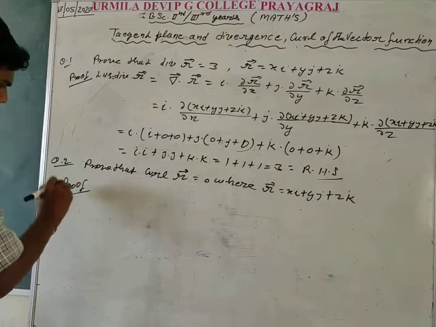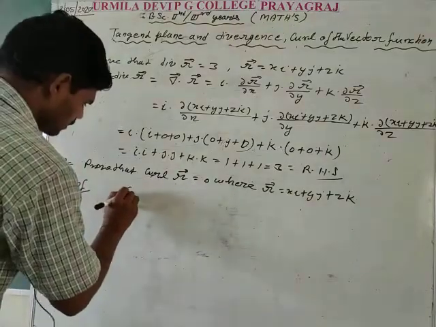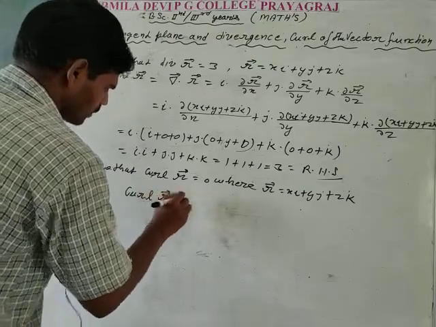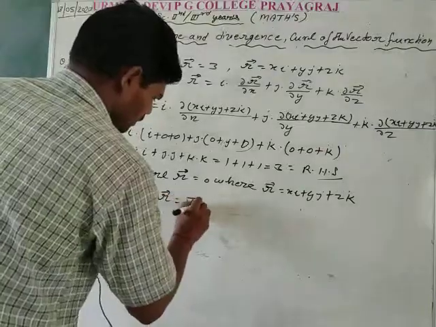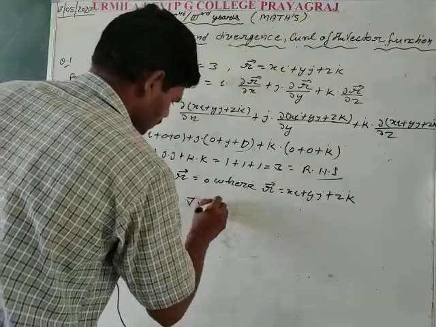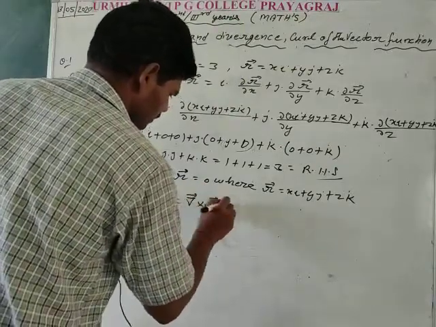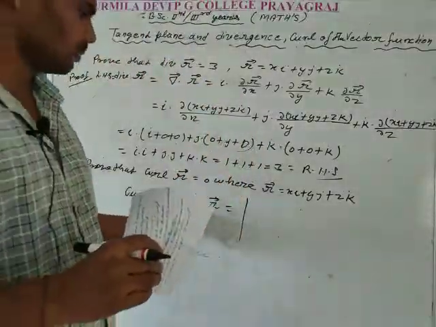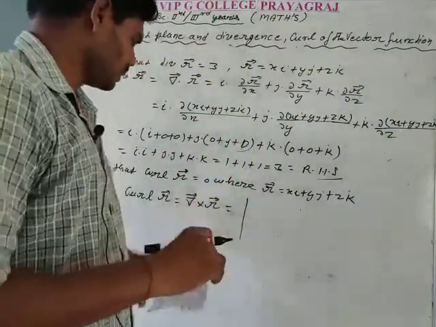Find the value of curl r, which is equal to del cross r, where r is the vector function, the position vector. So putting the value of r here, find del cross r with the help of the determinant method.